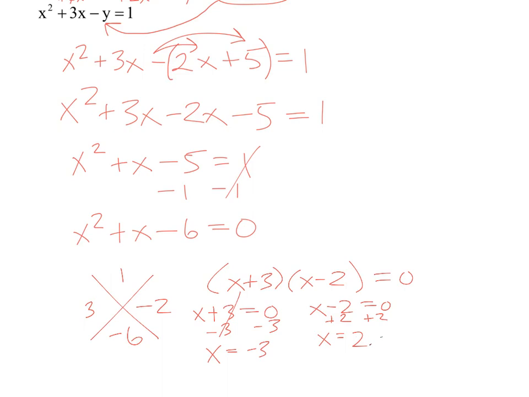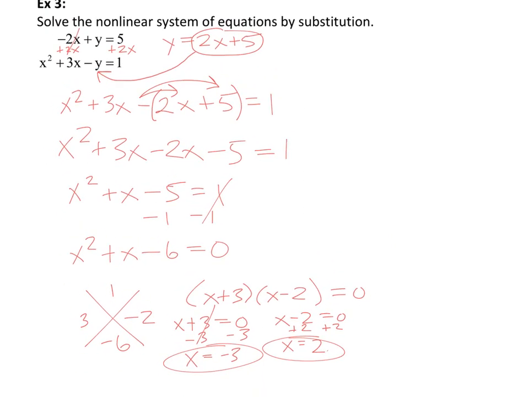So I have these two values, and all I'm going to do is plug them back into this equation up here. So I get y is equal to 2 times -3 plus 5, -6 plus 5. Y is equal to -1.